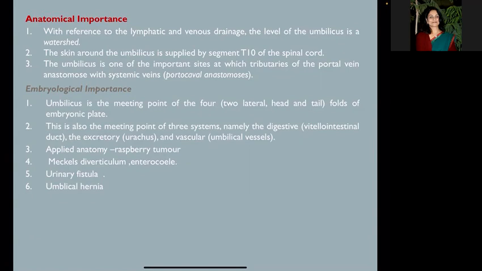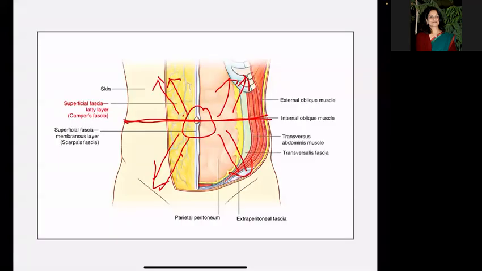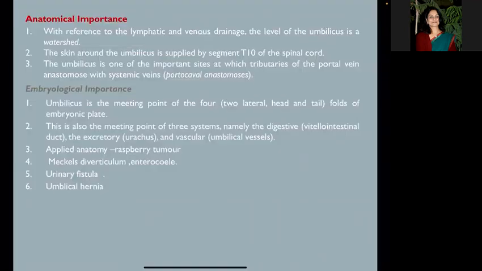That is, the veins and the arteries which are present around the umbilicus, the veins are present around the umbilicus in a radiating manner because of portocaval obstruction.